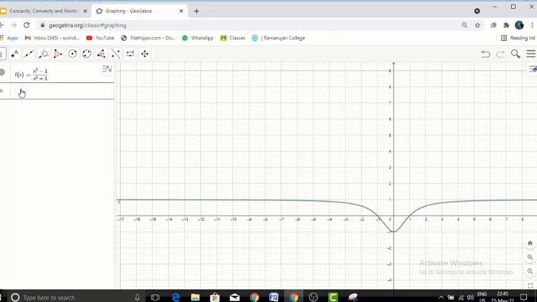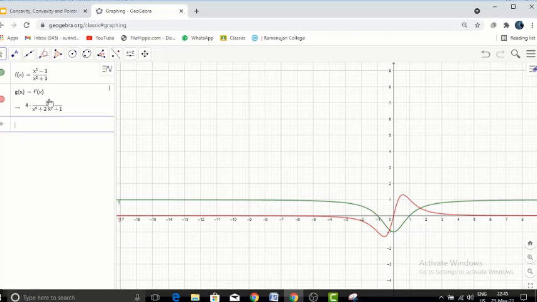Now we take the derivative of this function. We define a new function g(x) equal to f dash x. We need not the graph of this function, so we delete the graph of g(x). Again, we define a new function h(x) equal to the double derivative of f.